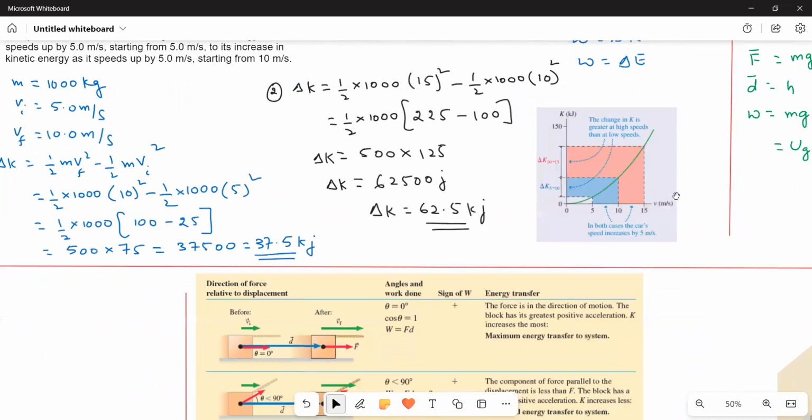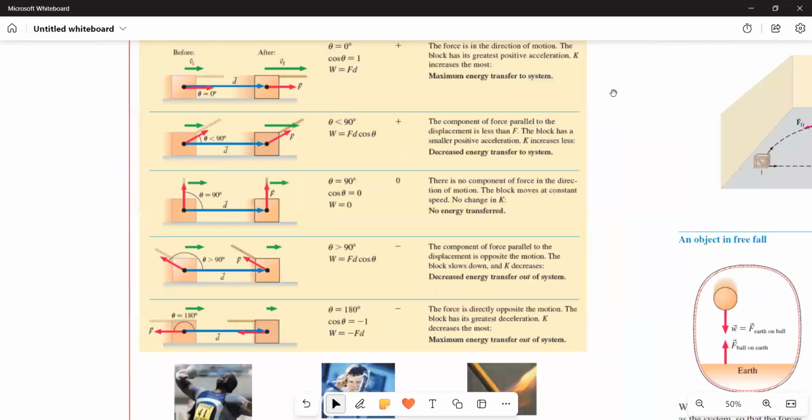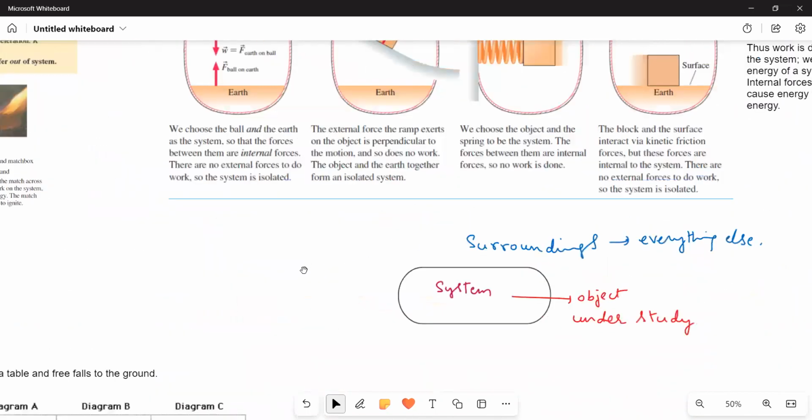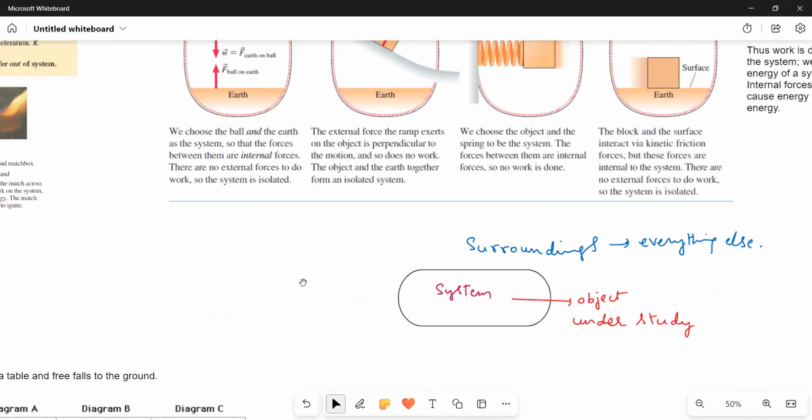Before going into the details, I would like to say about this one. What is the system and surroundings? Whatever objects are under consideration are called the system, and everything else is called the surroundings, because here I am going to talk about the energy exchanges. Suppose work is done on the system, then the energy is transferred from the environment to the system.